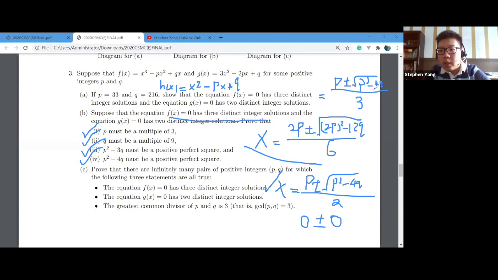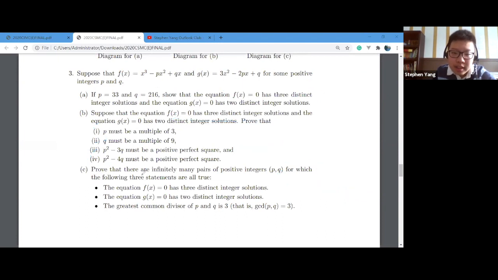We know that both p and q are multiples of 3, and q is a multiple of 9. p squared will be a multiple of 9, and negative 4q is a multiple of 9, which means the part in the square root is a multiple of 9, which means the part after plus or minus is also a multiple of 3. So this is also an integer, which satisfies. So what this tells us is if p and q satisfy all these 4 conditions, that means f has 3 distinct integer solutions, and g has 2 distinct integer solutions.